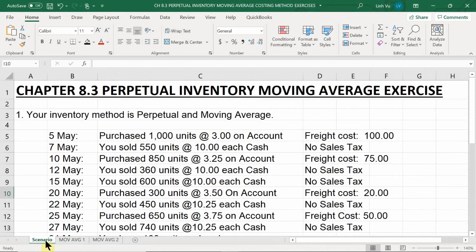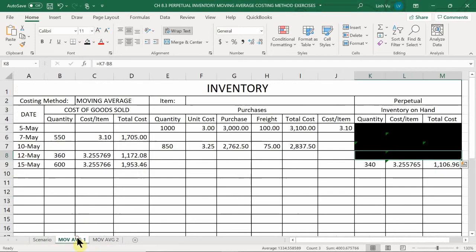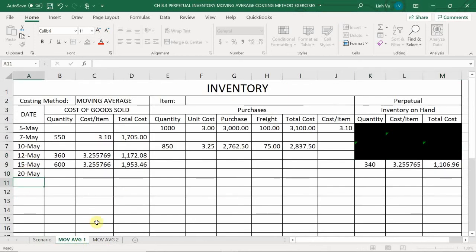All right. So then let's see what happened next on May 20th. We end up purchasing 300 units at 3.50 with a freight costing 20. So it is May 20th. Okay. We purchased 300 units at 3.50 with a freight costing $20.